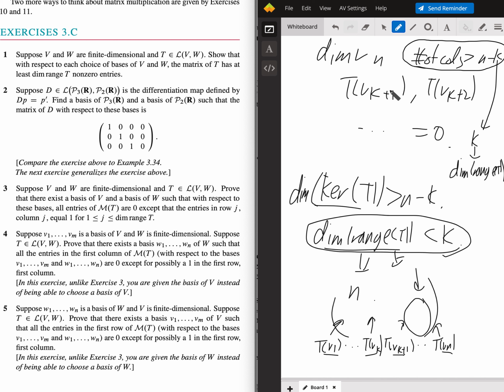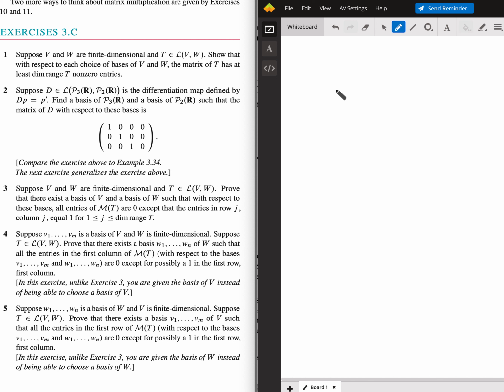And you don't want that k to be too small, because then a lot of things get mapped to 0 and your space is getting squashed, which is why you've got to have at least dimension range T non-zero entries to get that range T. Not the best explanation, but I'm trying to do 20 linear algebra questions in one morning, so it's not going to be precise.